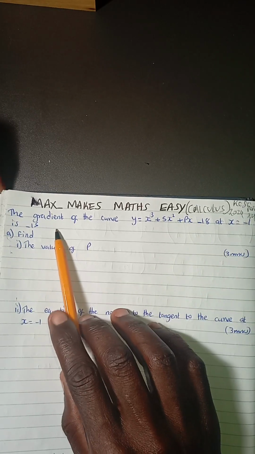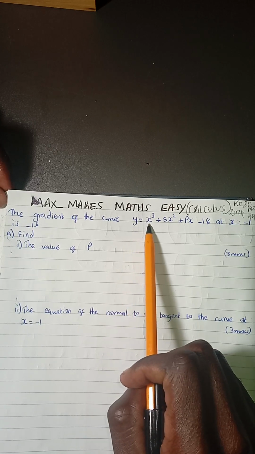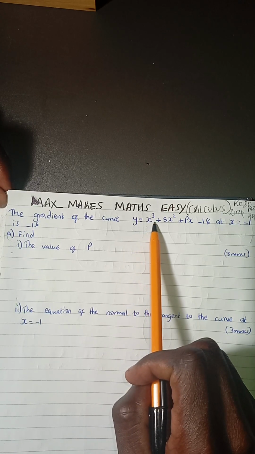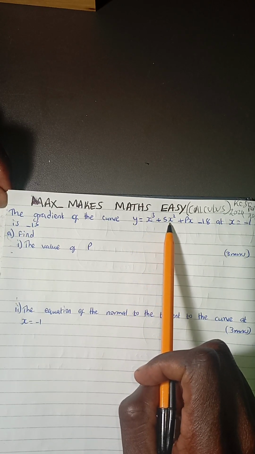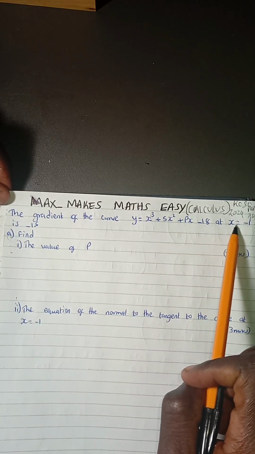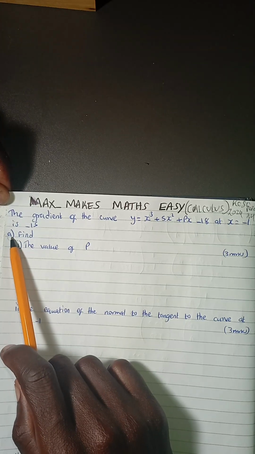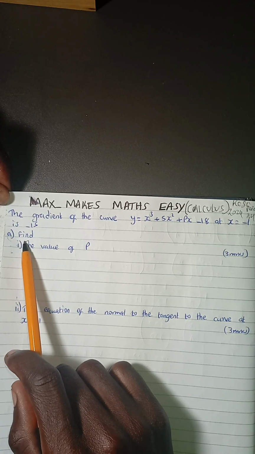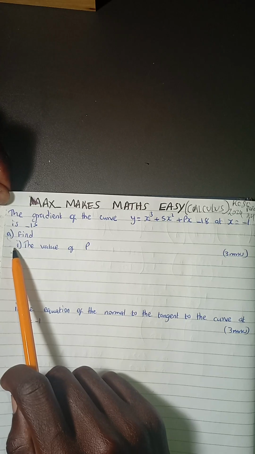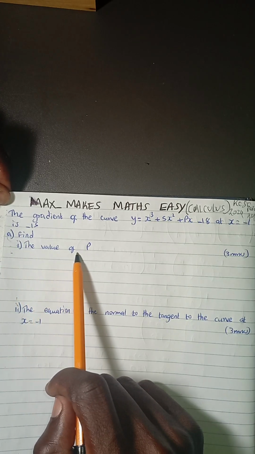Today we are going to do a question that awards you 10 marks. The question reads: the gradient of the curve y equals x cubed plus 5x squared plus px minus 18 at x equals 1 is negative 15. Part A, Roman 1, asks us to find the value of p.